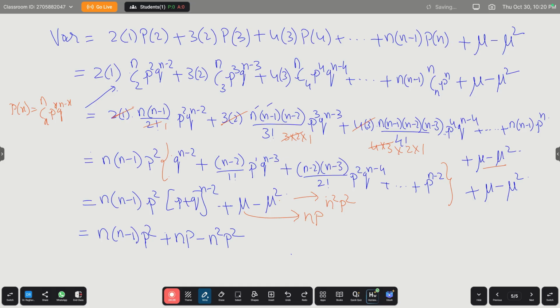So let me do it here itself just by opening the bracket. N into n, n square minus n into p square plus np minus n square p square. So further, if I open the bracket and take p square also inside, so it is n square p square minus np square plus np minus n square p square.